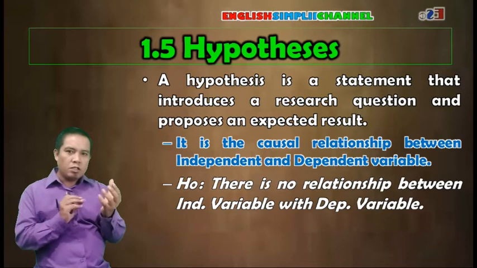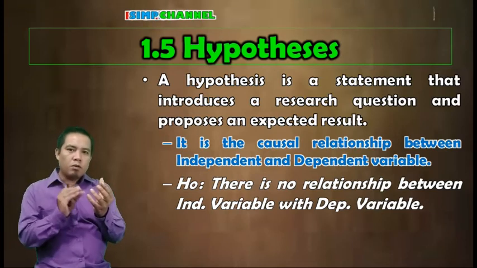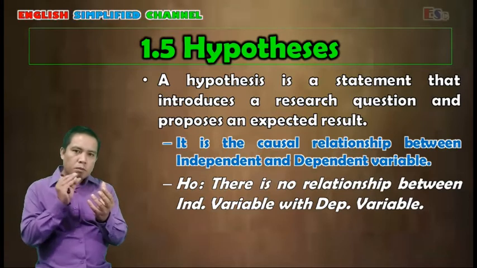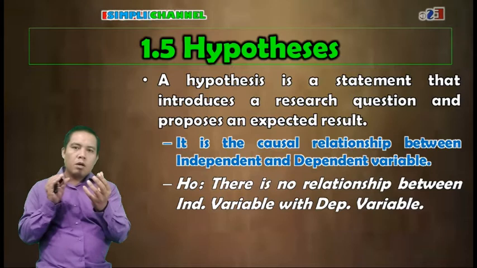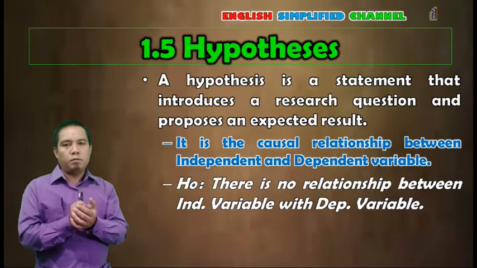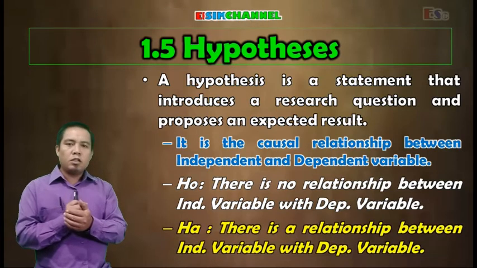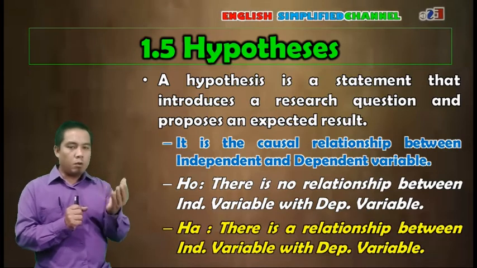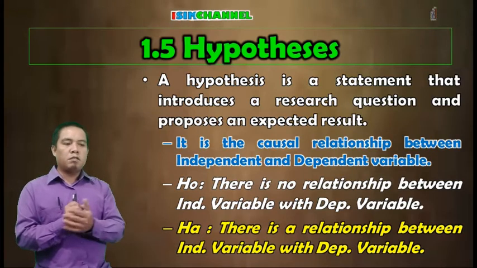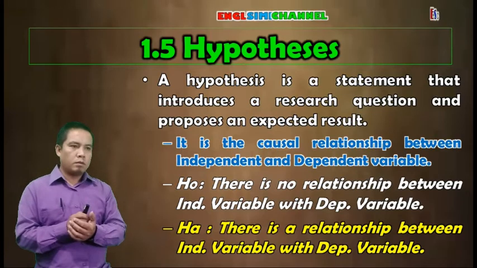In this case, you just state that there is no causal relationship between the independent and dependent variable. While in the alternative hypothesis, or HA, there is a relationship between the independent variable and the dependent variable.